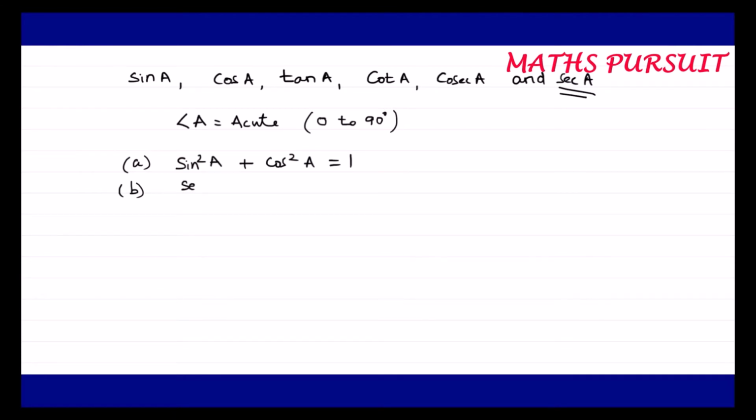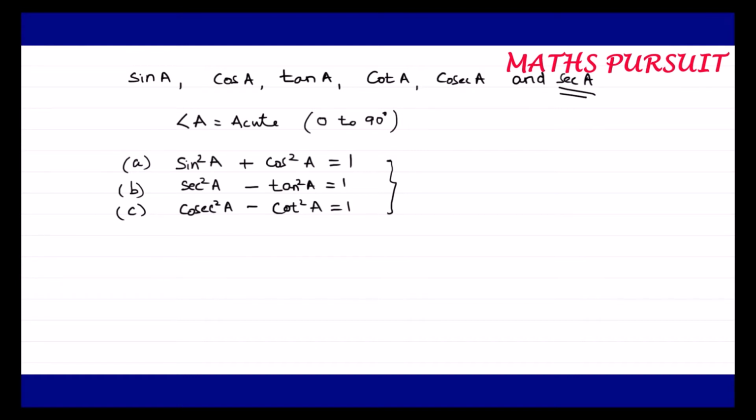We know that sec square A minus tan square A is equal to 1, and one more, cosec square A minus cot square A is equal to 1. Why am I writing these? Because we will take the help of these identities to convert sin A, cos A, tan A, cot A, cosec A into sec A.